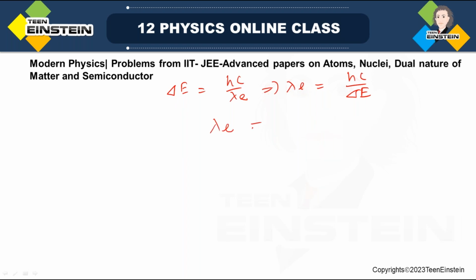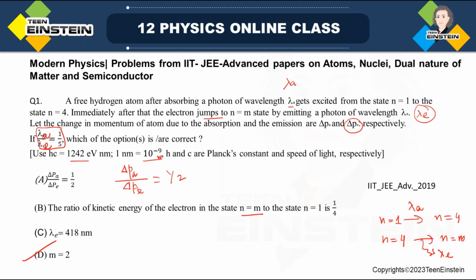So this calculation will give you nearly 487 nanometer. And in the option given, it is 418 nanometer, which is not true. Now we'll see the ratio of the kinetic energy.